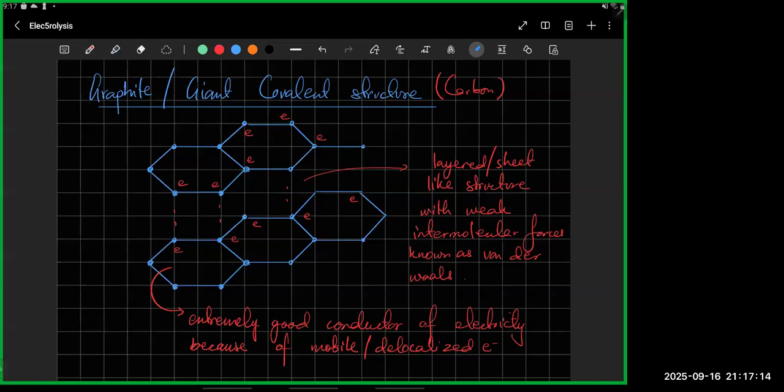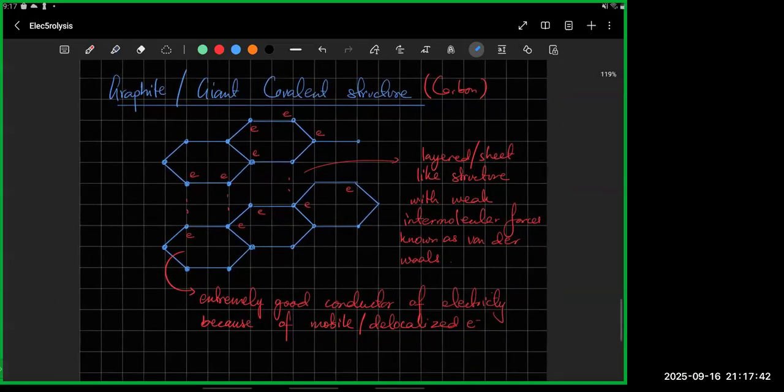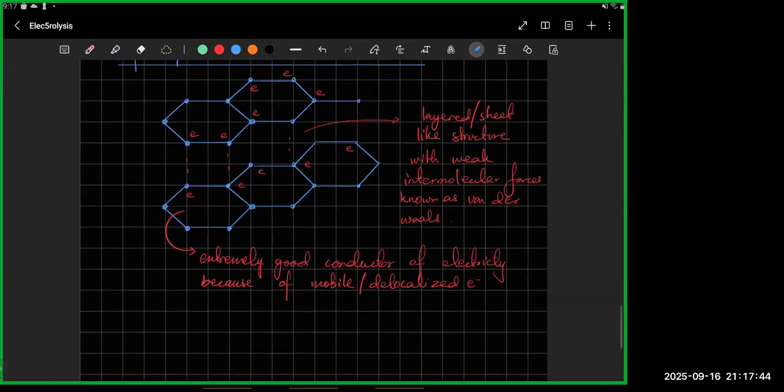Again, for graphite, the same thing is happening. Nothing happens to it when electricity gets conducted. Let's say there's a wire connected. Electrons come from one side, and these electrons get pushed further away. There's another wire over here. The electrons move on, so there's a constant flow of electrons. But at any point, the structure of graphite does not change. The electrons over here continuously get replaced, getting pushed from the other side. But the number of electrons in the graphite structure remains exactly the same.